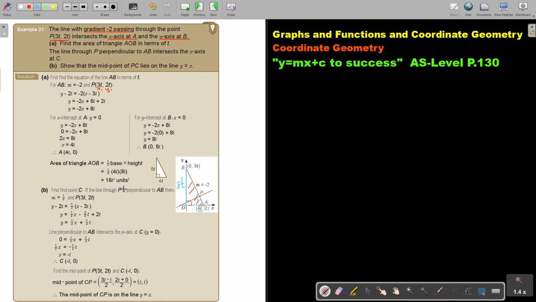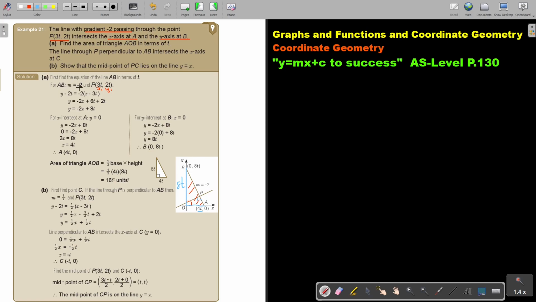If the line through P is perpendicular to AB, the gradient will be the negative reciprocal. Don't forget it was -2, so this will be positive 1 over 2. And I have the point P, which is 3t and 2t.